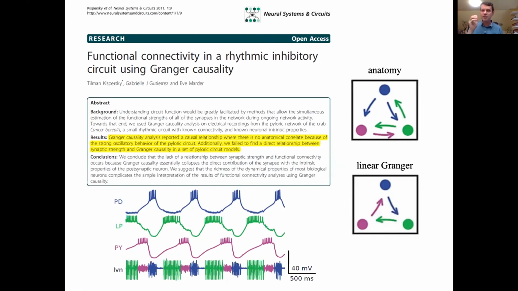But when you use the basic recipe Granger causality model, you end up with something that repeats the phenomenology. You see blue leads to green, leads to purple, but doesn't at all match the actual underlying physical process that's generating the data. And so they concluded in 2011 that these causality methods just don't work.